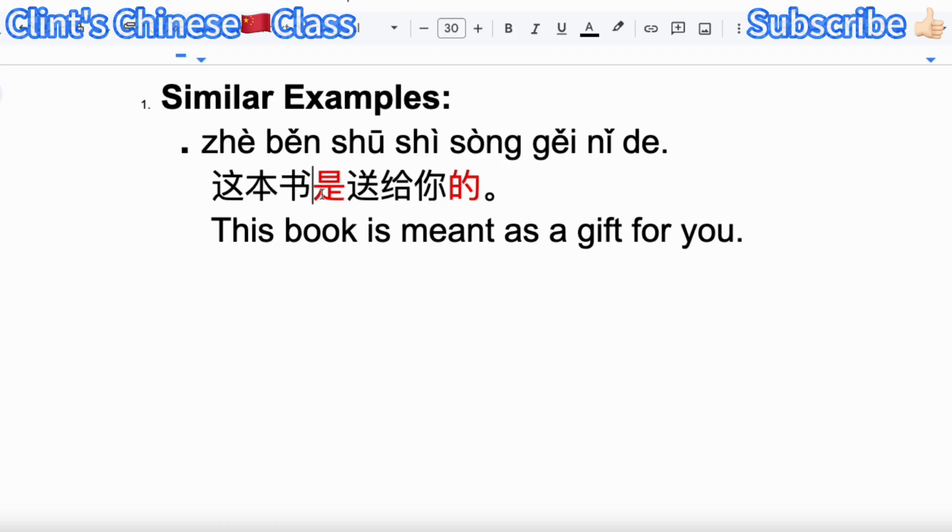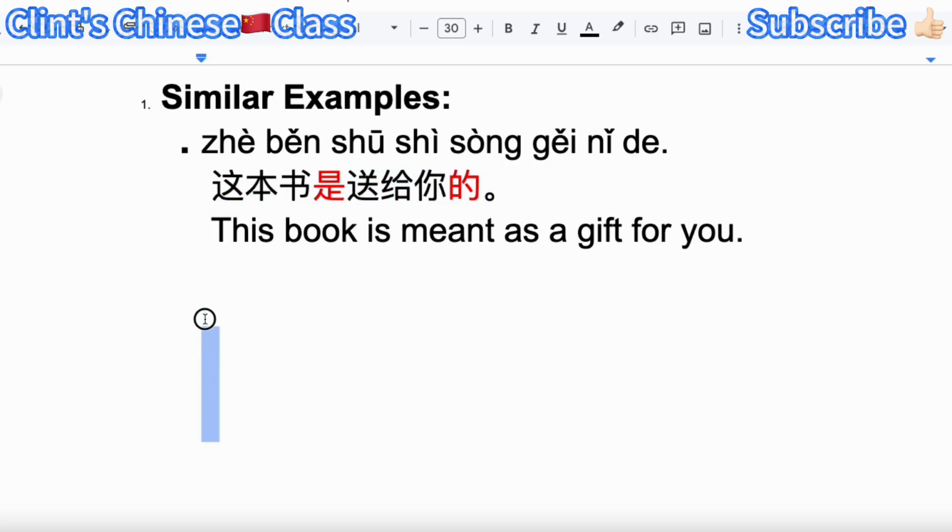All right, and then actually if you remove the 是的, the sentence still works, right? This book was sent to you, but you add this 是的 to emphasize this book is specifically for you as a gift, right? That's why it is called the emphasis structure. 这本书是送给你的.